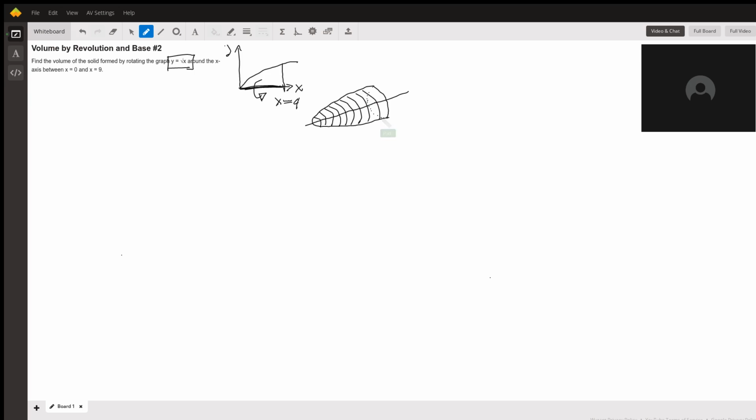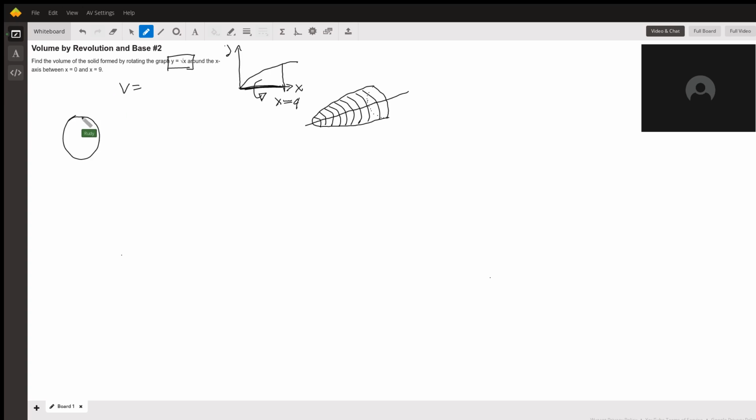Okay, the reason why we want to do that is because we know the volume of a cylinder, which is what we have in this case. So pretend that's a cylinder. Let me draw it a little bigger.